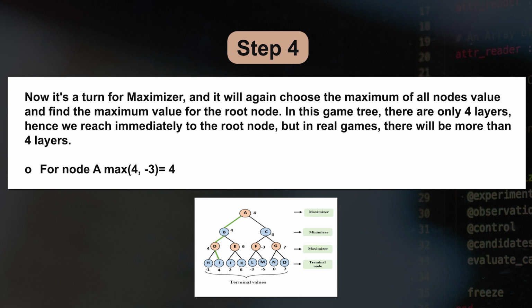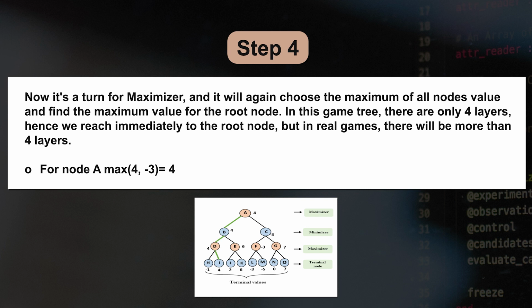But in real games, there will be more than 4 layers. For node A, max(4, -3). So we have to choose the maximum value, so we will get 4. You can see in the diagram, we finally get the value of A is equal to 4. That was the complete workflow of the Minimax two-player game.